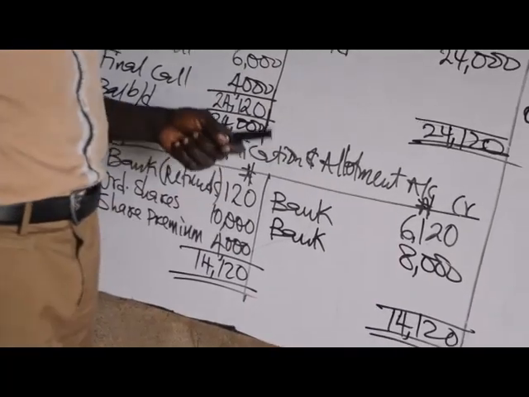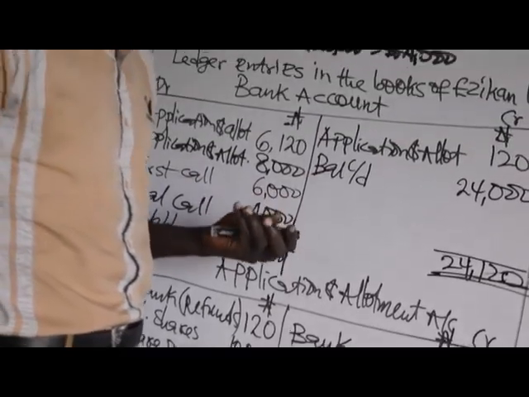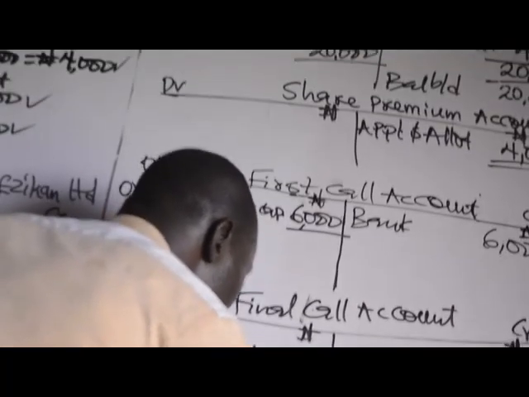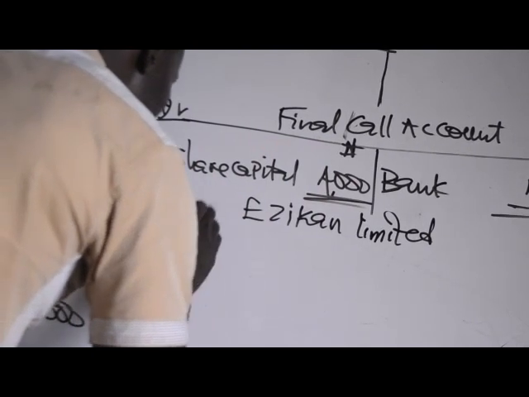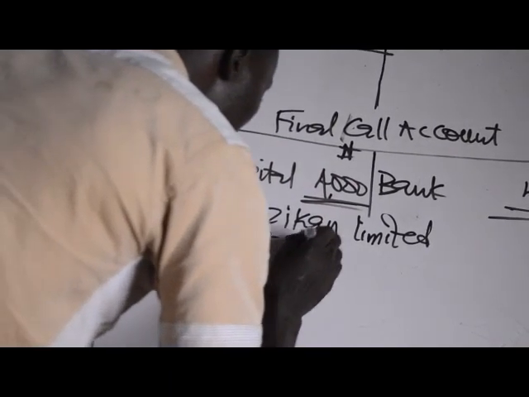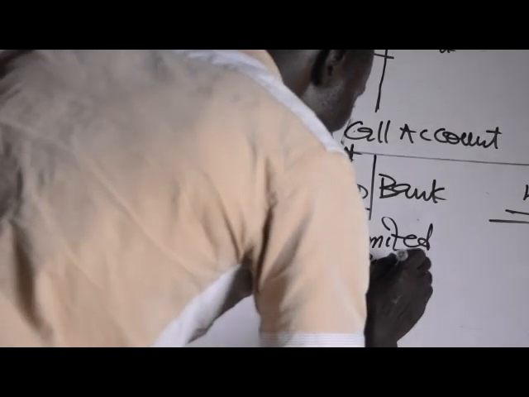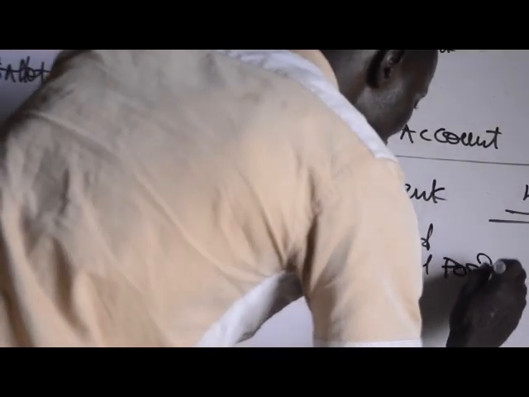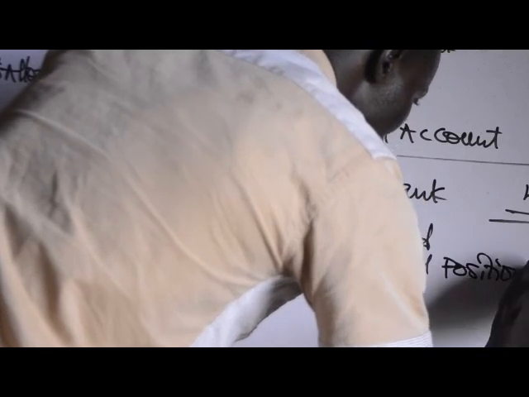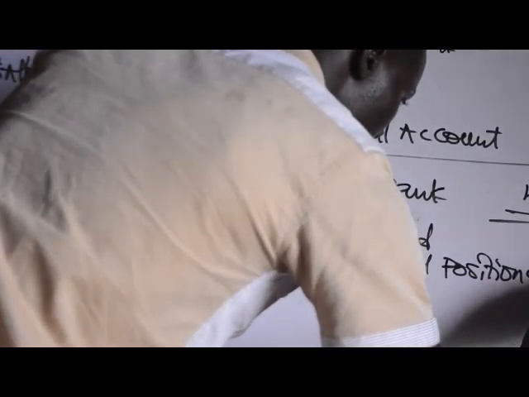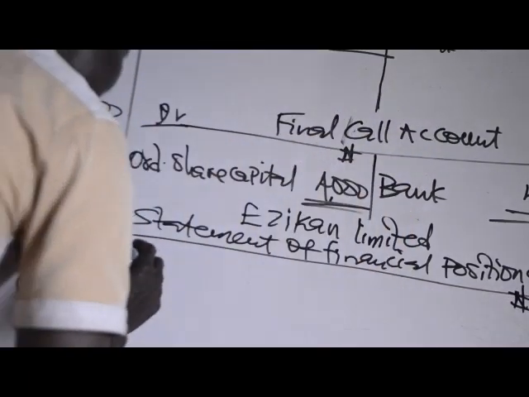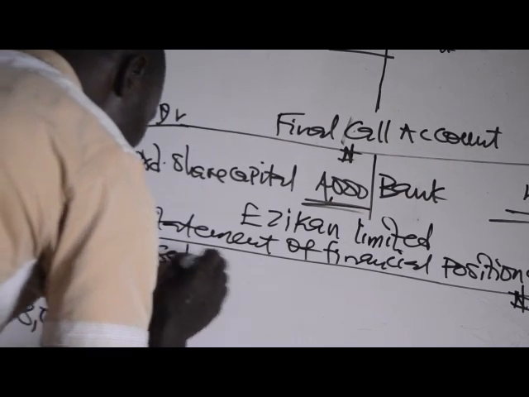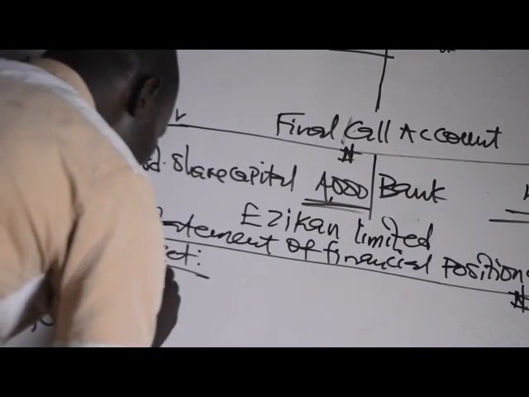In case you want to have a statement of financial position extract, you can as well have ICAN Limited statement of financial position as at whatever period you have. So you start with assets, non-current assets.